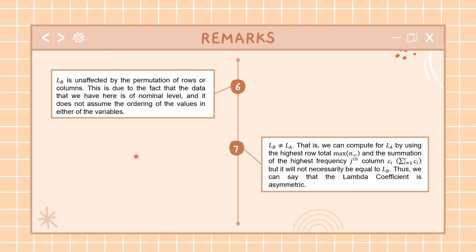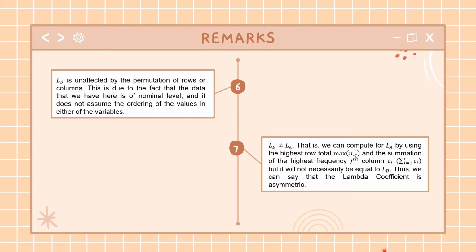So, for the last remark, Ls of B is not equal to Ls of A. That is, we can compute for Ls of A by using the highest row total naman dito, maximum ng N sub R dot dapat to. Pero, and the summation of the highest frequency in the jth column, Cs of I naman.